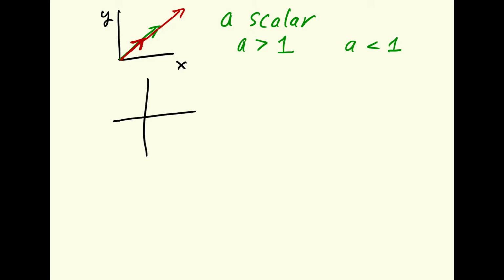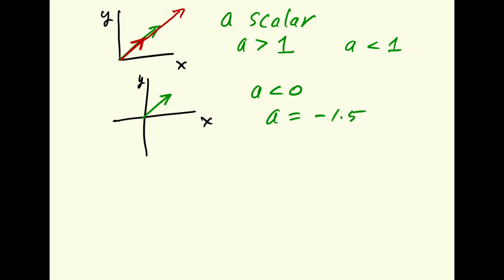And we have to think about the full xy plane with both positive and negative values. And then here is our vector. And now we want to talk about, what about scalars that are negative? For example, what about a equals minus 1.5?